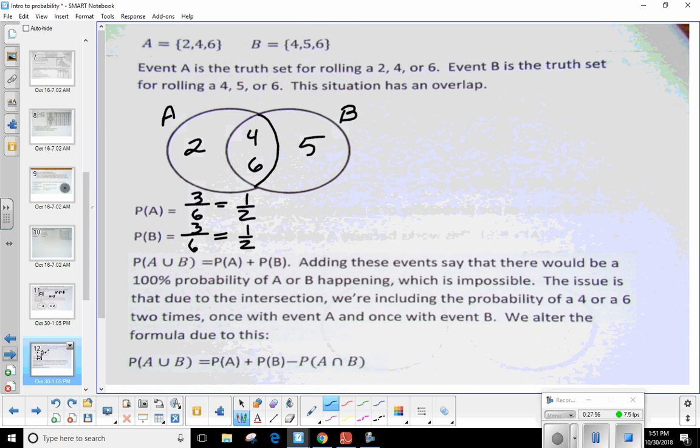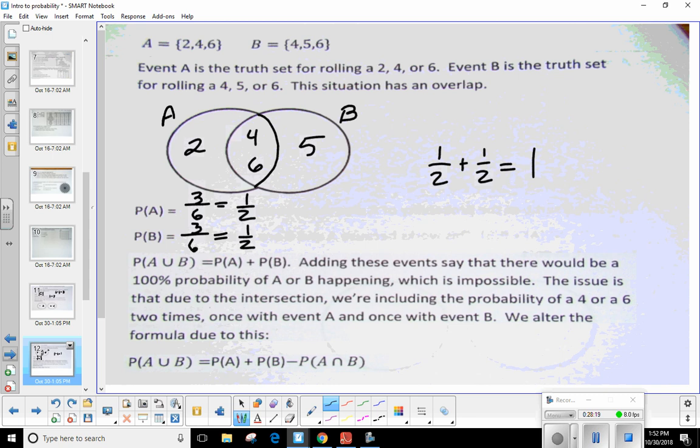Let's compare it to what we did just a moment ago. If I add these two right now, 1/2 plus 1/2 is going to give me 1, or 100%. Why is this not possible? Because you're forgetting about the 1. And yeah, you're saying that there's a 100% chance that any of these 4 could happen.